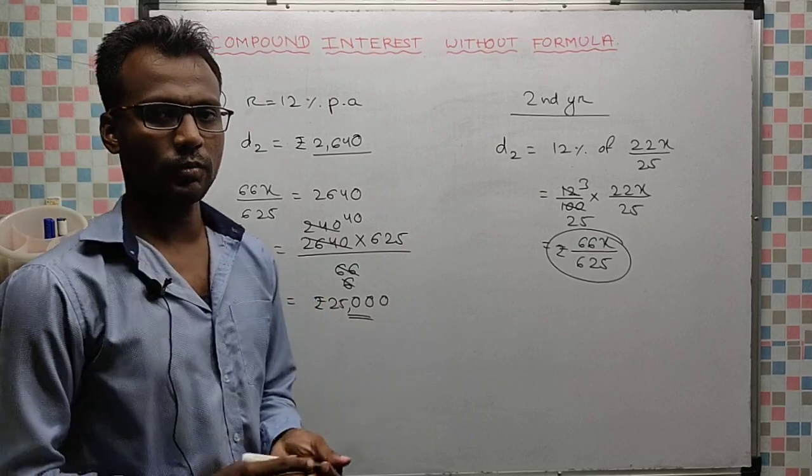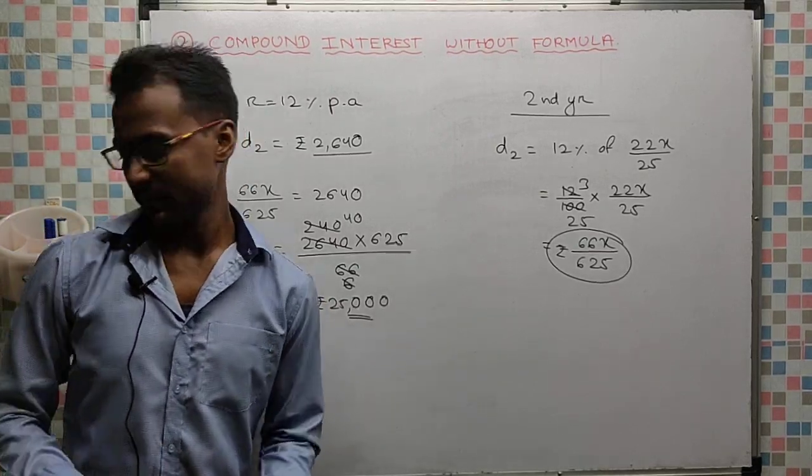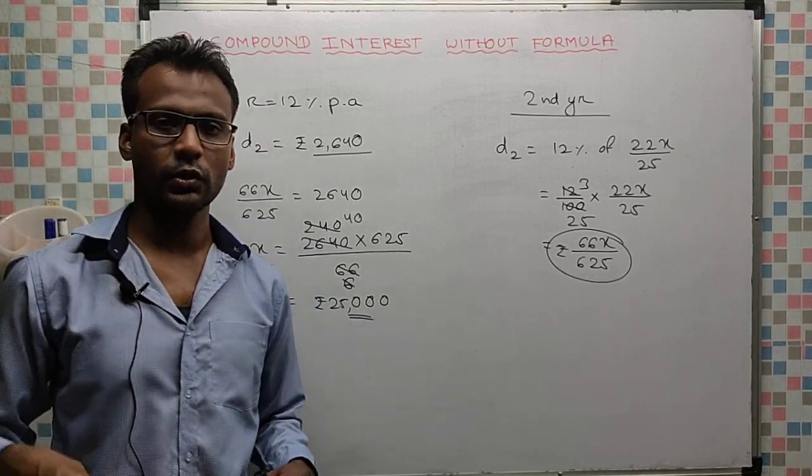So the original value of the machine during purchase was rupees 25,000. This is how to solve problems related to depreciation.